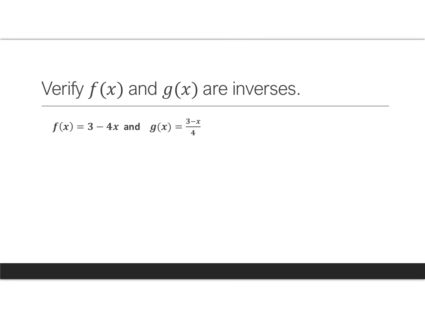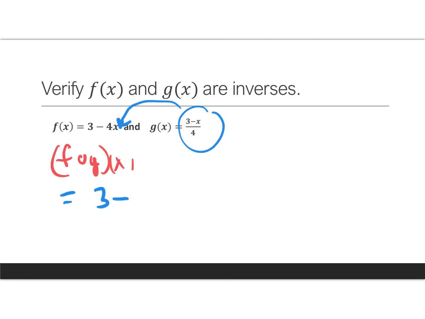f of g of x means all of the g, remember this, all of the g has to be plugged into the x of f. So what does that look like? Well, that looks like the 3 minus a 4 times all of that. So I'm going to go 3 minus 4 times x divided by 4.